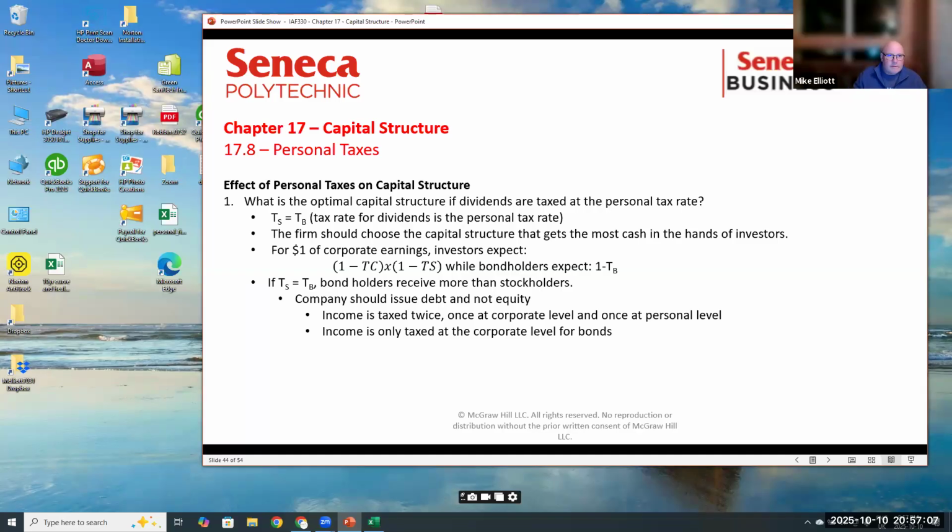If my personal tax rate and the tax on bonds are the same, bondholders are always going to receive more than stockholders because stockholders also have to pay the corporate tax. Income is taxed twice, once at the corporate level, once at the personal level. And on bonds, it's only taxed at the personal level.